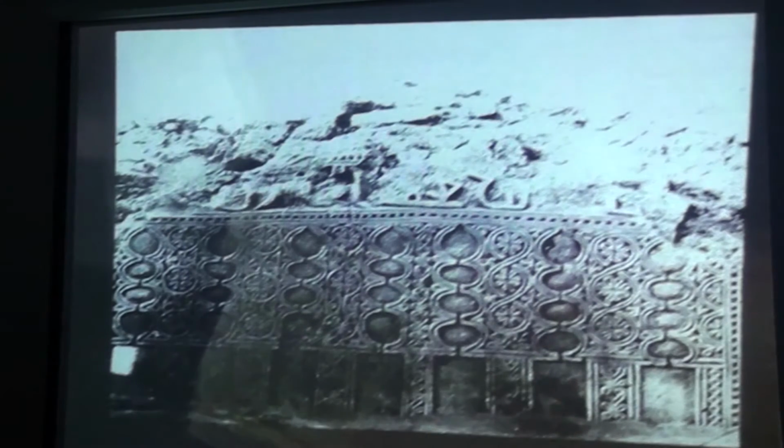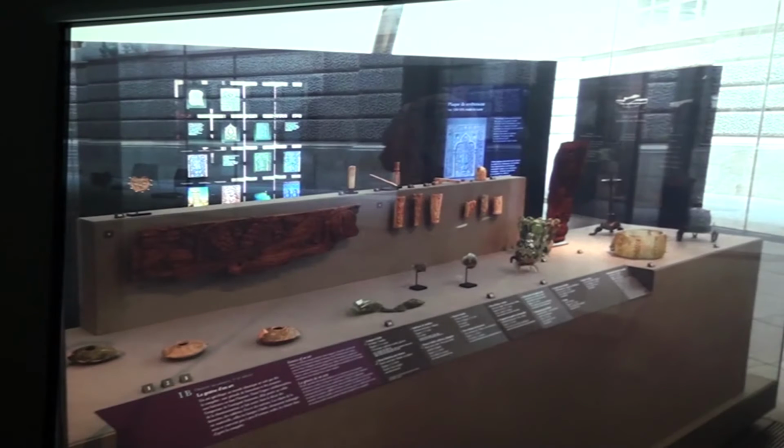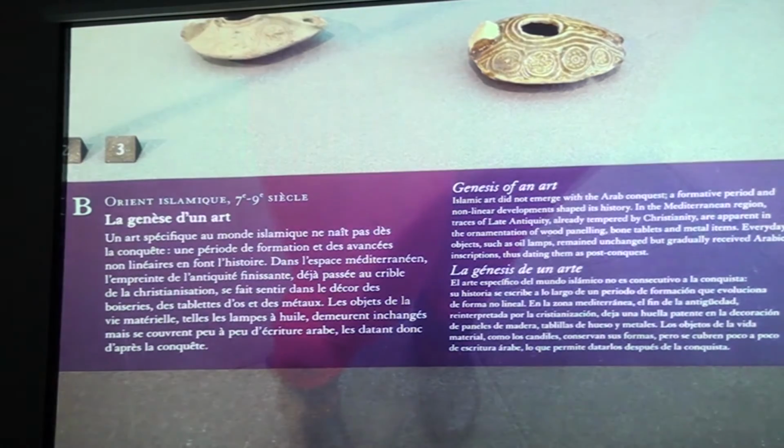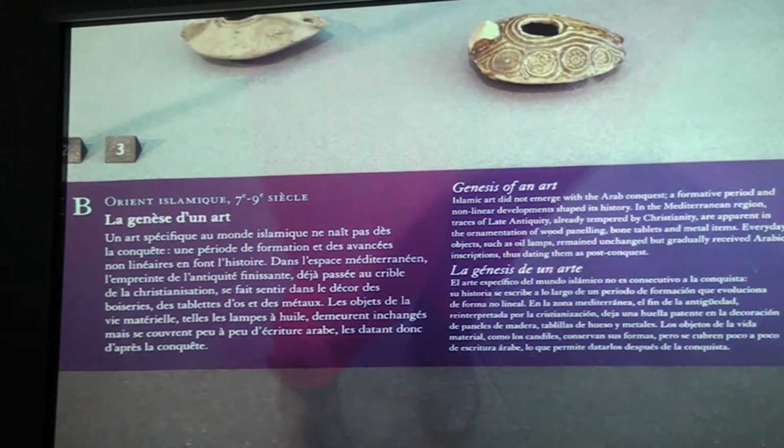But what I really want to talk to you about is the text here. This is a large case, and it says, the genesis of an art. If we read this panel together, there's really no mention of any human intervention at all, which is pretty similar to all of their interpretation at the Louvre. I'm going to read the English version here.